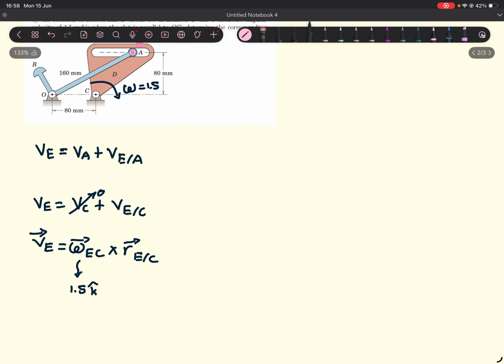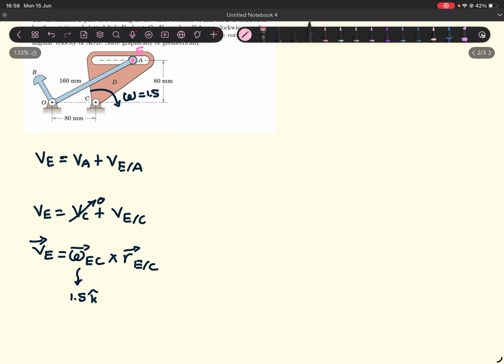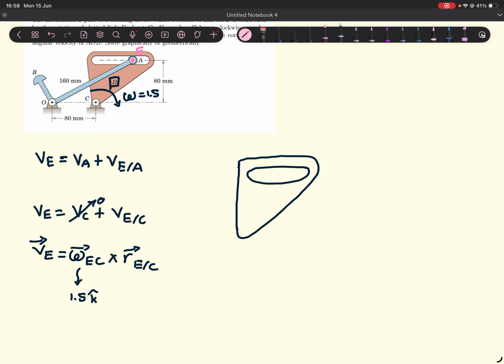So what I'm going to do is I'm going to use a vector triangle, and yeah, we'll take it from there. So I'm first going to look at body D and draw the velocity of point E. So I have my slot over here and I have point E over here, right? And then I have point C, and then this is the line that connects the two.